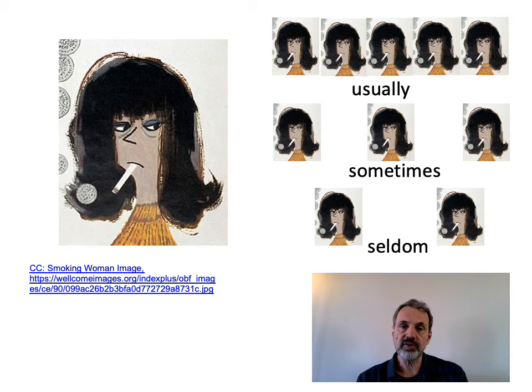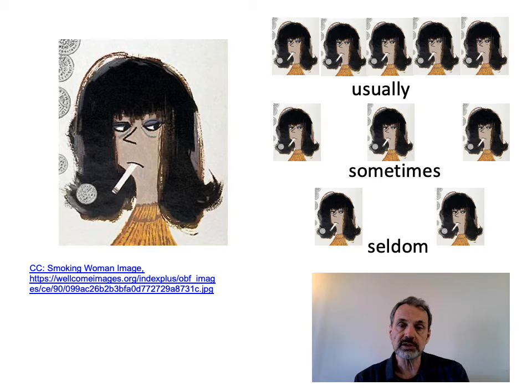For example, this woman smokes. We can talk about how often she smokes using adverbs of frequency, like seldom, sometimes, or usually. Or how often: 1 cigarette a day, or a pack a day, or 3 packs a day.